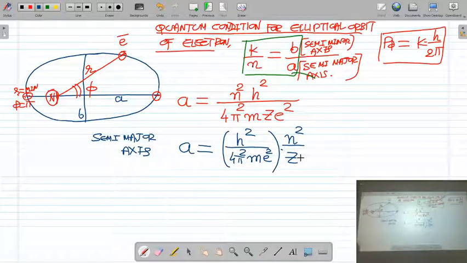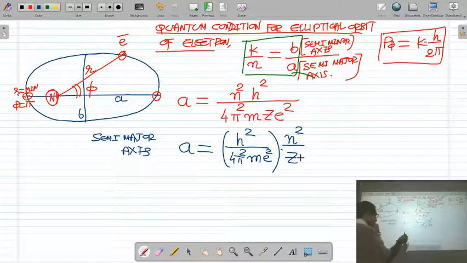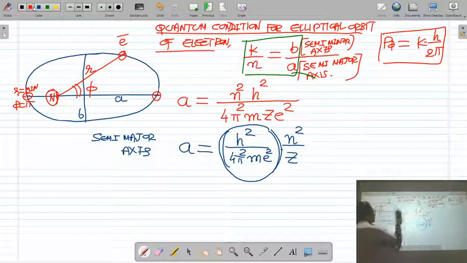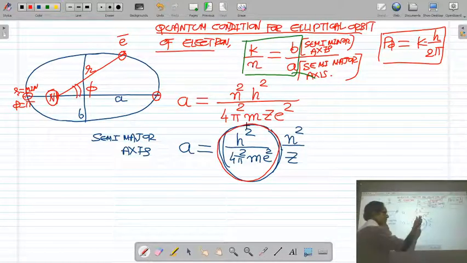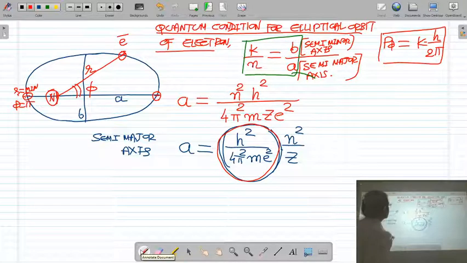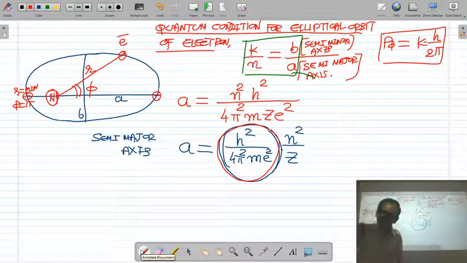Anybody remember what this bracketed term is? This bracketed term is nothing but the radius of the smallest Bohr orbit.